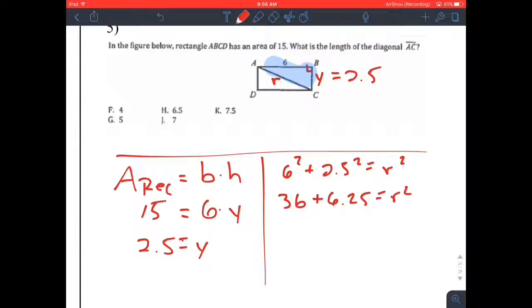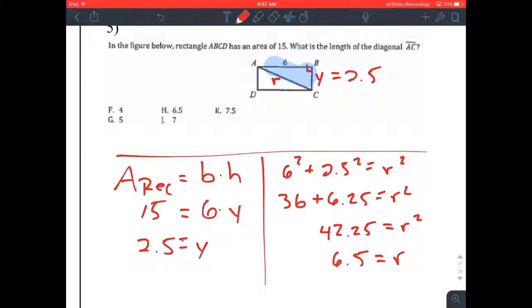If you add those together, you get 42.25. And if you square root that, you're going to get 6.5. I'm just checking in a calculator. That's right. Yep.